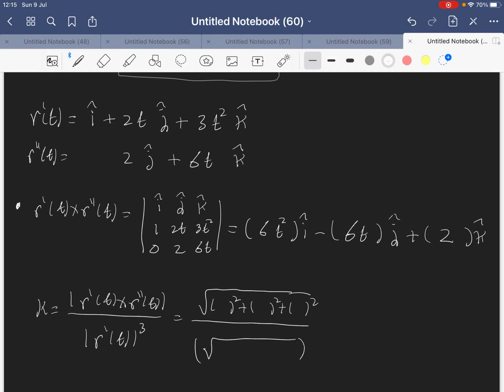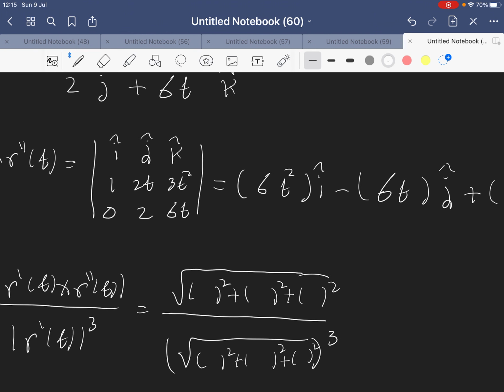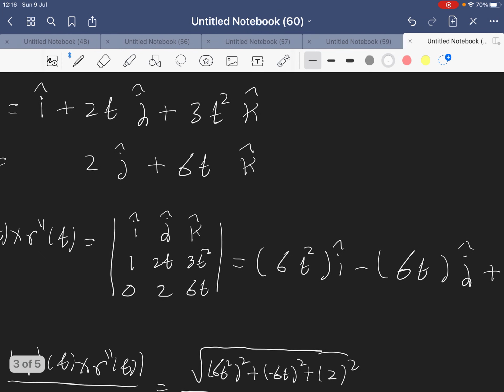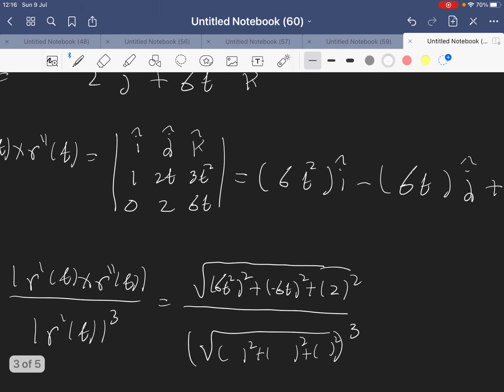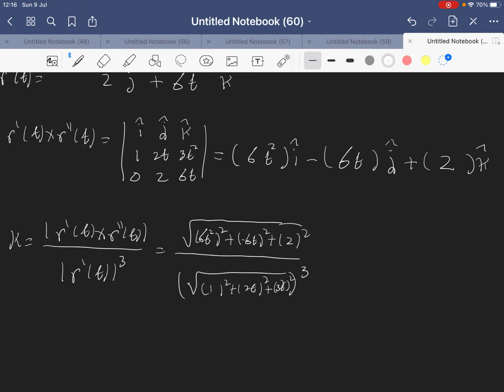Same thing for the magnitude for the derivative. If we do it, it will be 6t squared, minus 6t, and 2. And for the derivative, it is 1, 2t, and 3t squared. We try to simplify this one as much as I can.